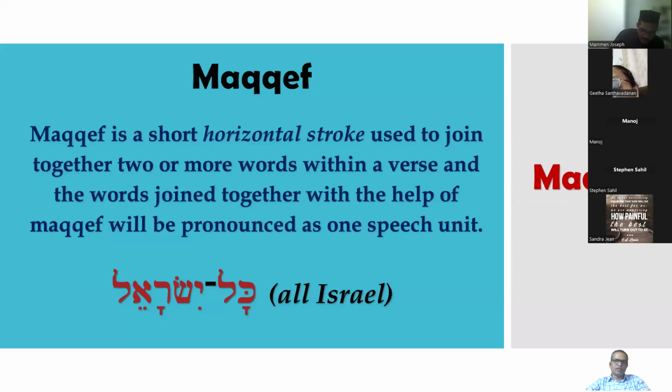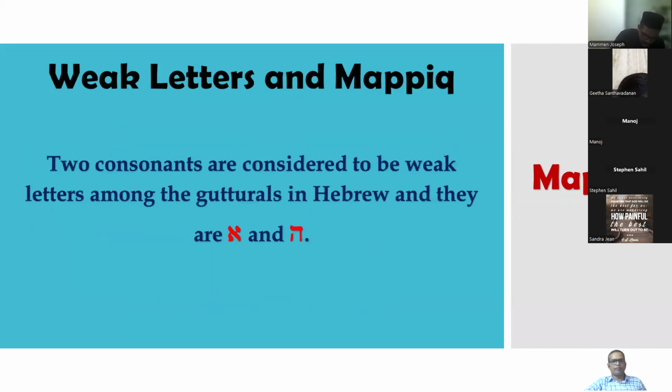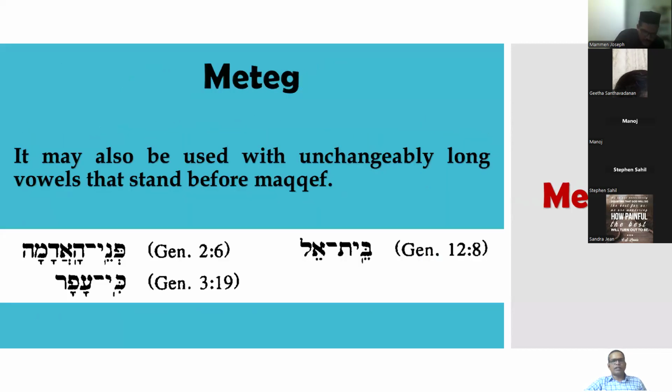Even if it is a long vowel, it will be shortened if it is a changeably long vowel, but unchangeably long vowels cannot be shortened. In that case only, metek appears along with the unchangeably long vowels that appear before makaf.